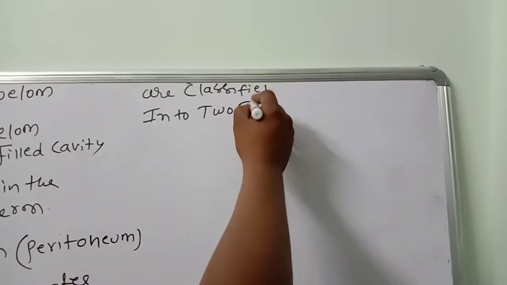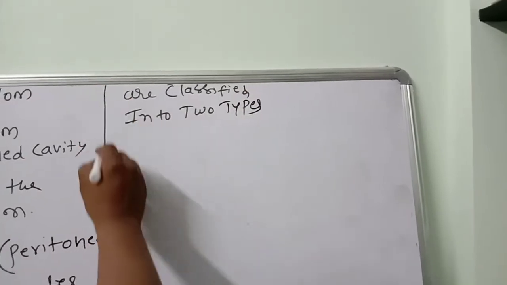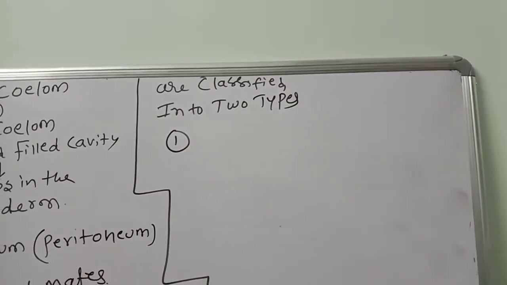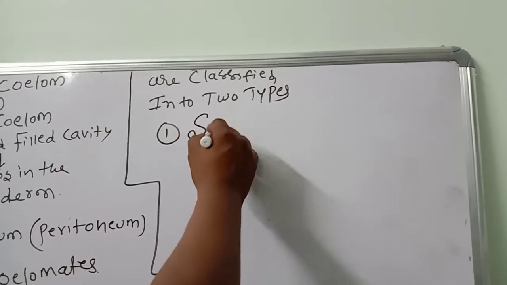This one you have to remember, two types. The first one is cytocoelomates.